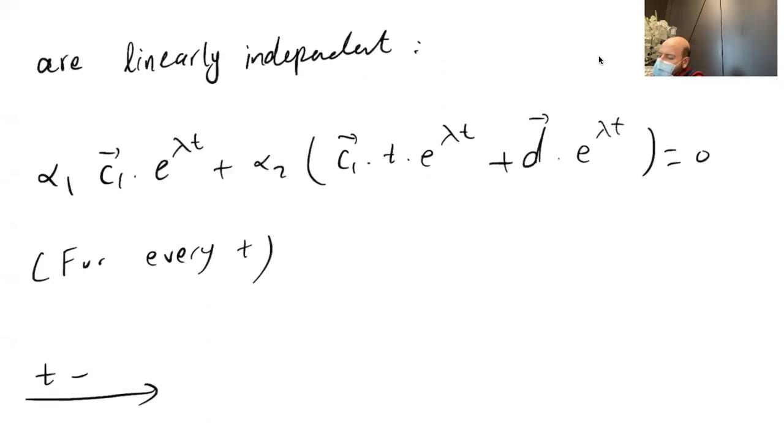So if I replace t with 0, then I'll have alpha 1 c1 plus alpha 2 d equals 0. If you replace t with 0 here, this will vanish. And then you'll be left with this term because e to the power 0 is 1. So alpha 1 c1 plus alpha 2 d will be 0.